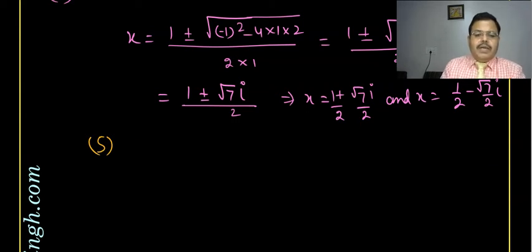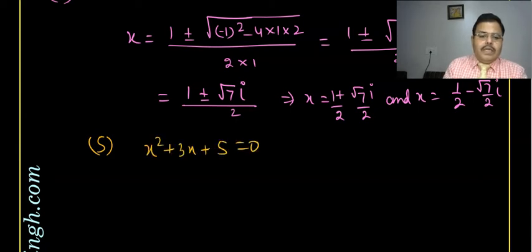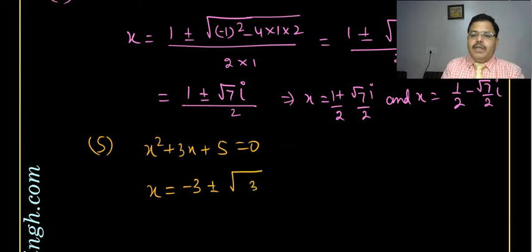Now question number 5 is there, and 5 is x square plus 3x plus 5 is equal to 0. That is also given, so we will write it like x is equal to minus 3 plus minus root under b square minus 4ac, a into 5, upon 2a, 2 into 1.